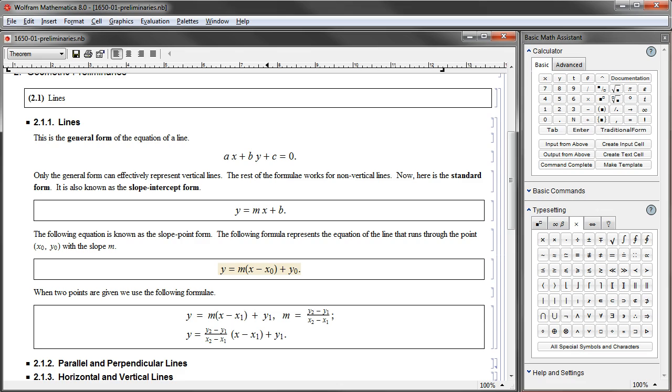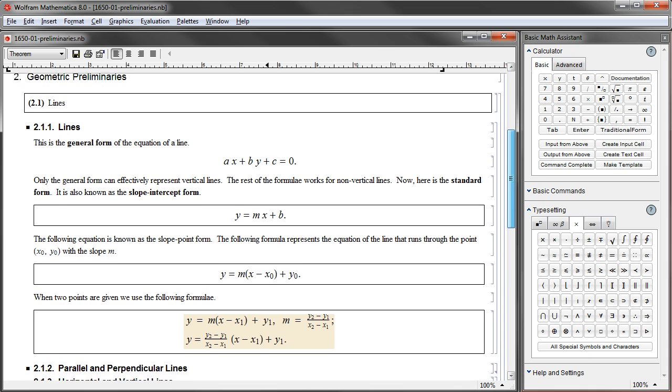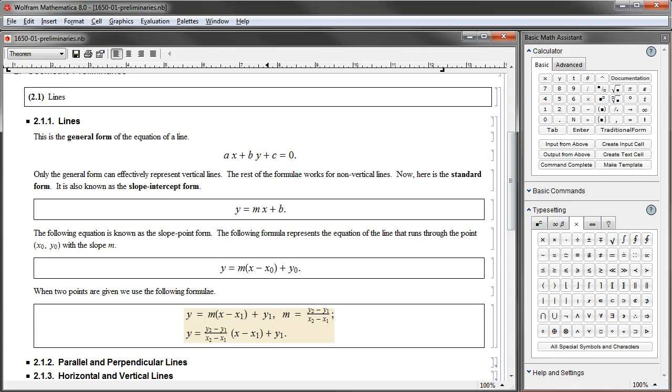And if we have 2 points, then you can use slope m equals rise over run, y2 minus y1 over x2 minus x1. So put those into the slope-point equation, and we end up with a second equation down here. That's the equation of a line when 2 points are given. First point x1 comma y1, second point x2 comma y2.